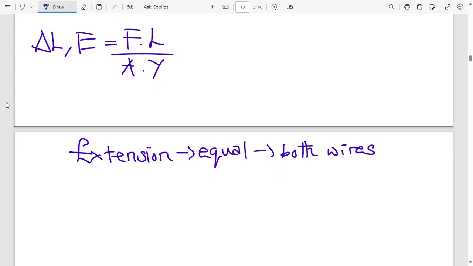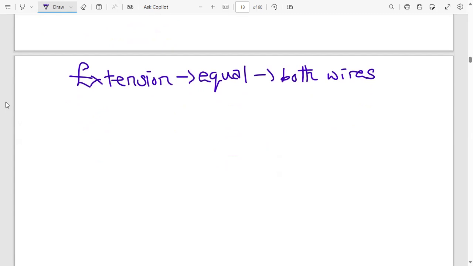Which means if I'm using this formula for extension on the copper wire, and I'm also using this same formula for extension on the steel wire, that means the values of their extensions should be the same, right? Yes. And if they are the same, don't you think we can equate these two equations? Yes, we can. Okay, I can get the doubt in your head.